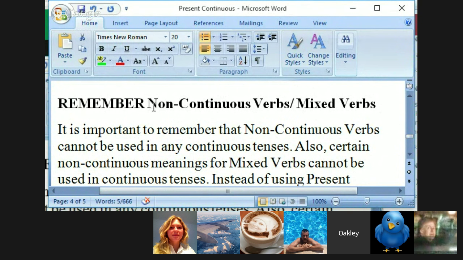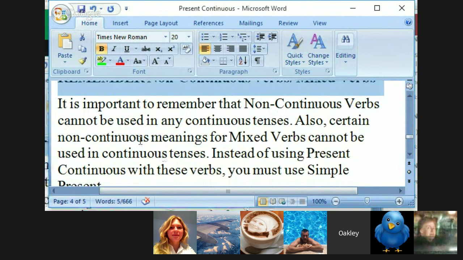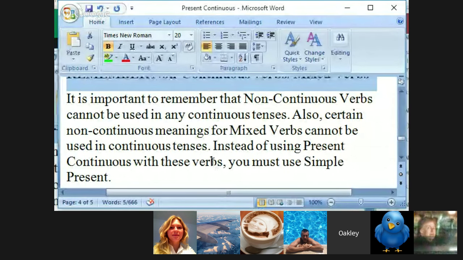A great example. All right, there's a couple points that I have to unfortunately bring up to confuse you with. Sorry about that. My apologies beforehand, but it needs to be said. You need to remember when you're talking about continuous verb tenses that there are some verbs which just simply can never be used with any continuous tenses, past, present, future, perfect, simple, whatever.